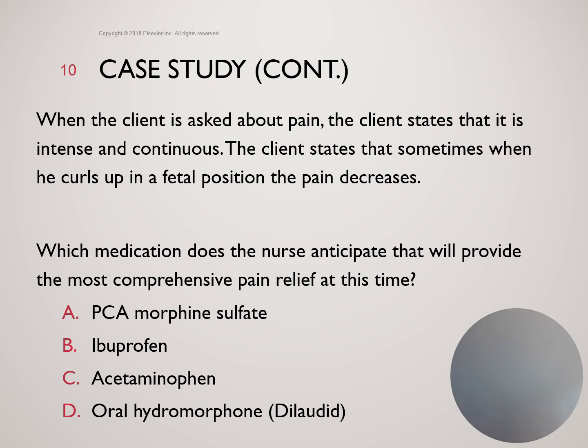Well, as you look at these, we can pretty well rule out ibuprofen and acetaminophen. As stated earlier, we're probably going to be administering the opioids. So now the question is, do we administer it orally or intravenously through the PCA? In this case, the PCA is probably going to be more effective.